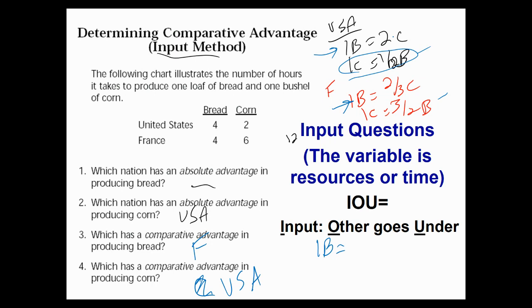Somewhere between 2/3 and 2. Now, the closer it is to 2/3, or the closer it is to 2, it's going to benefit one country more than another. So we could say something like, one bread for 1 1/3 corn, or we could say one bread for one corn. All right, but anything in between the 2/3 and the 2.